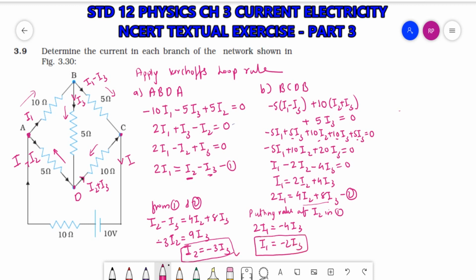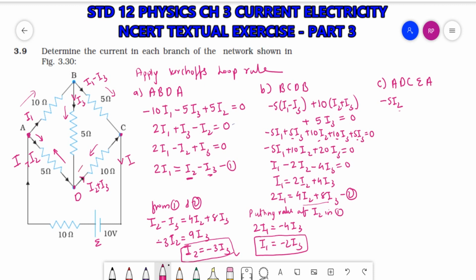Now applying Kirchhoff's loop rule again. Now to A, D, C, I will take this as EMF of the battery, that is epsilon A. Clear? So starting from A to D, same direction, so minus IR minus 5I2.